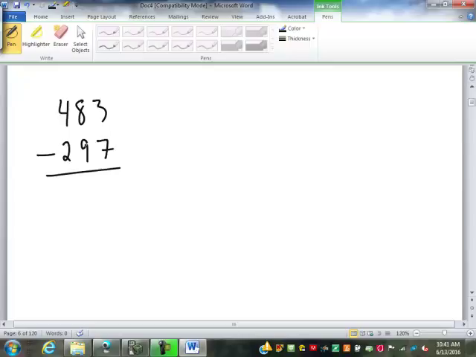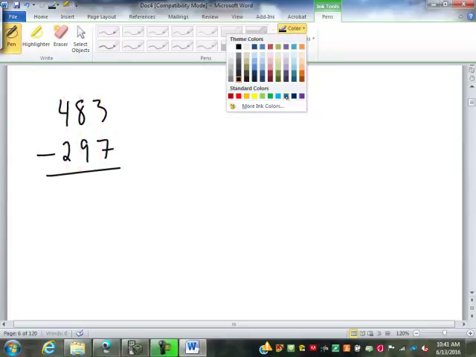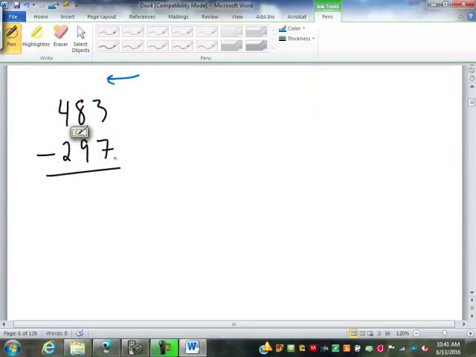I'm going to assume at this point you get the picture that when you add or subtract, you can only combine things that have the same name. Therefore, you've got to line up the columns so that you're combining place values with the same place value. Now when we subtract, just like with addition, we're used to starting on the right and going back to the left. Why? In case you have to borrow.